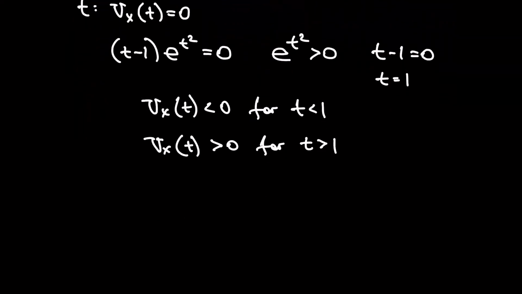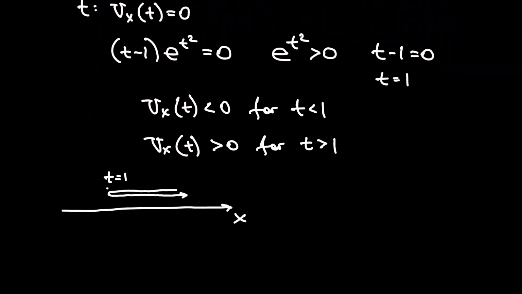And so using a little graph here, if this is x, then the particle first, between time t equals 0 and t equals 1, moves to the left. Then at time t equals 1, it stops, and then it starts moving to the right.